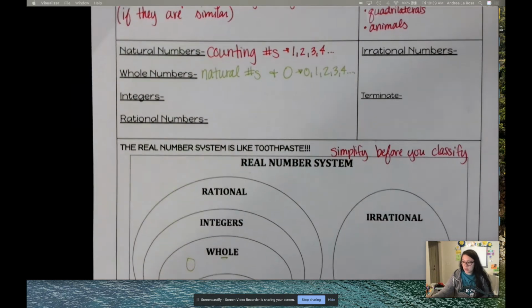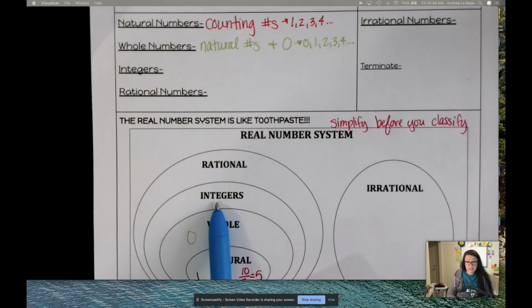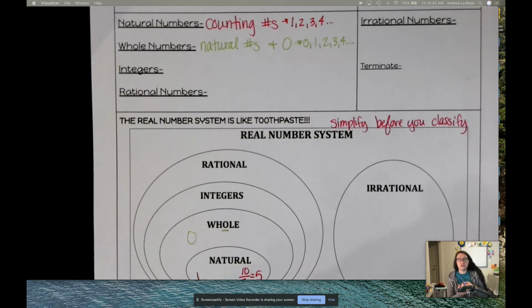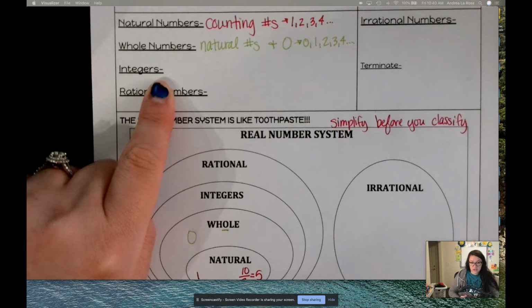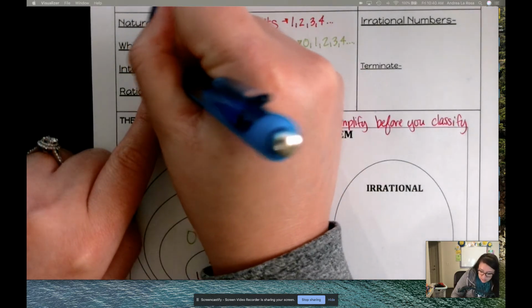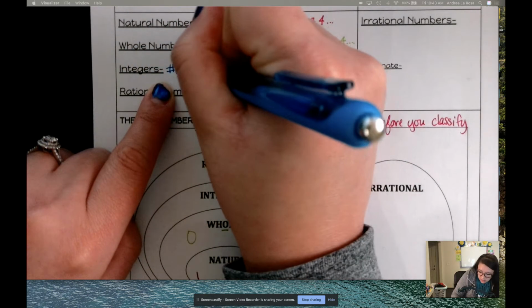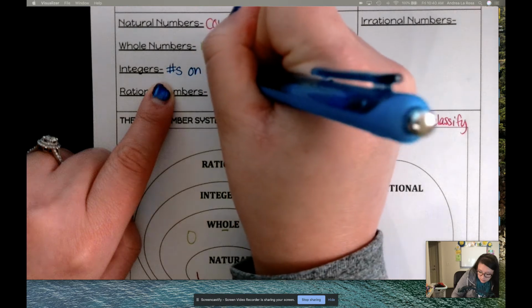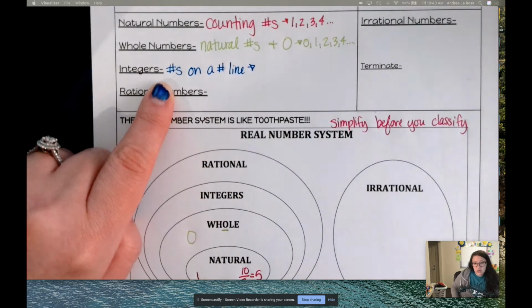Our next one out are integers. You guys have seen integers before. We've talked about integer operations before in math. We've talked about integers on a number line. So when you think integers, think numbers on a number line. What kind of numbers do you see on a number line?